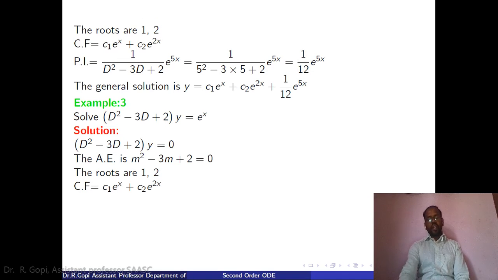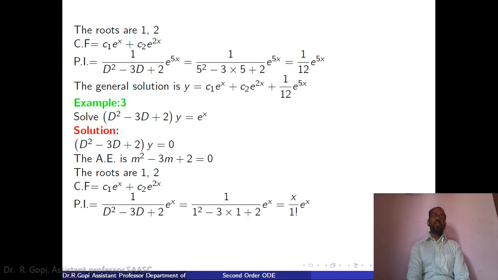In the particular integral, the value of a is 1, so replace D by 1: 1 minus 3 plus 2, we get 1 divided by 0. So we have to use formula 2a, that is x power n divided by n factorial into e power ax.